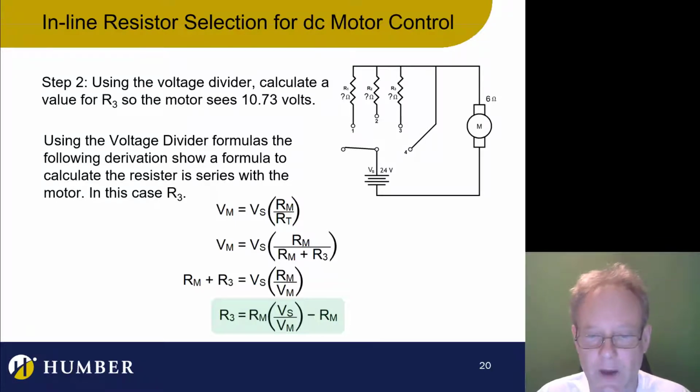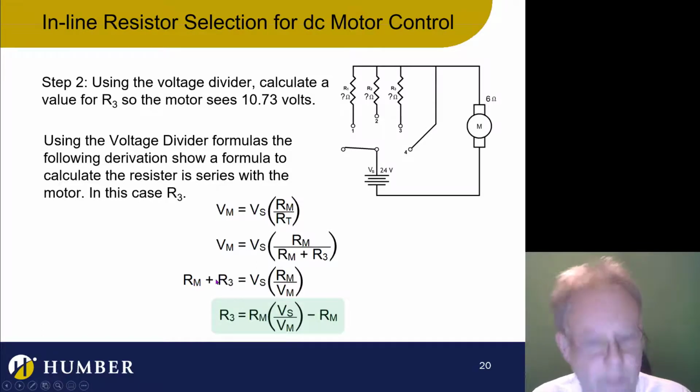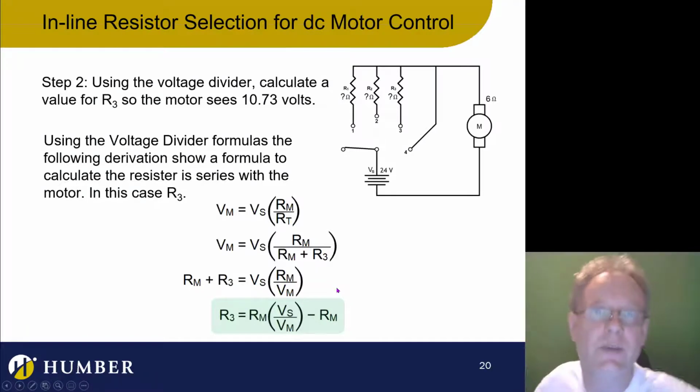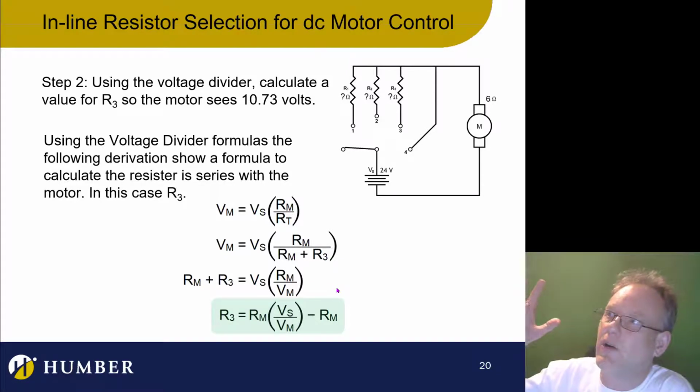So let's continue. Here I have this formula, and I'm going to rewrite this. I'm going to cross multiply and put this over here. So now I have RM plus R3 equals VS times RM over VM. Now I look at this. Here's that theme coming in again, where you have some value multiplied by some ratio of some things.